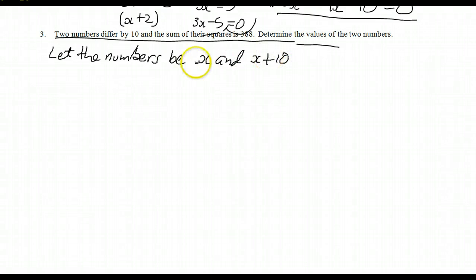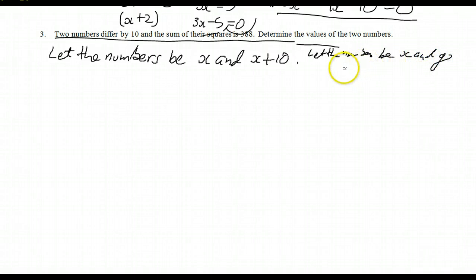They differ by 10. So if this is 12, this is 22. Those differ by 10. You could also have used x and x minus 10. Okay, but I've chosen x and x plus 10. Also, could have said this, let the numbers be x and y, so that we have two different numbers.